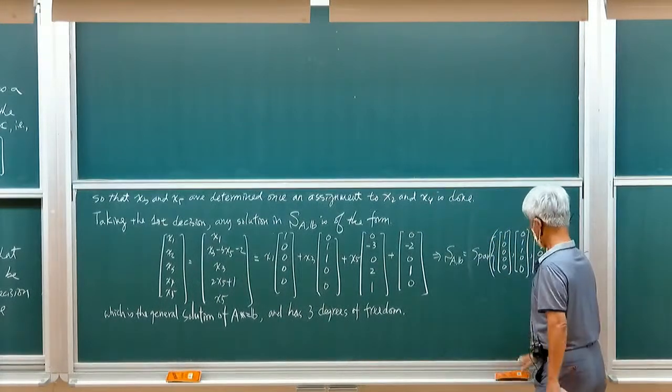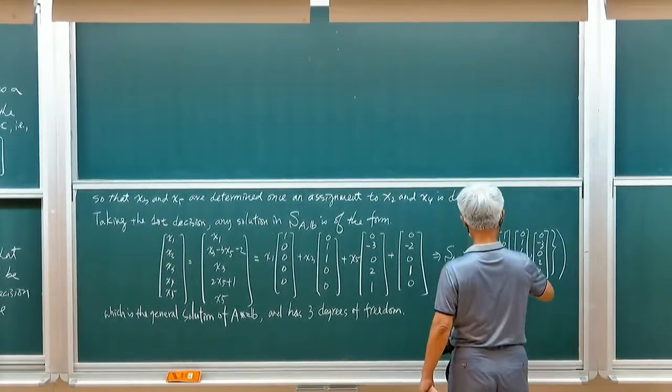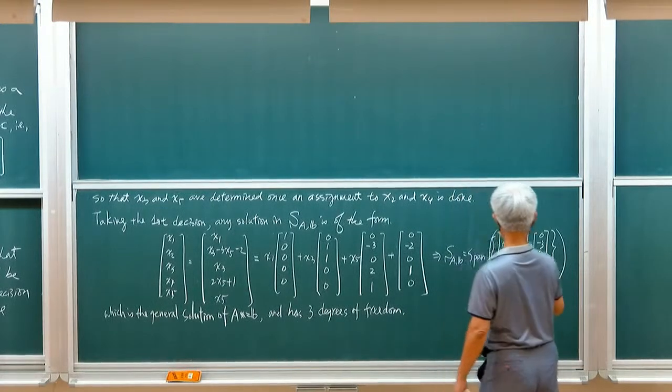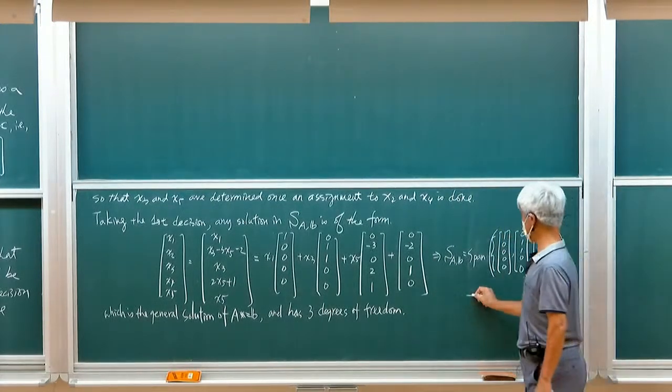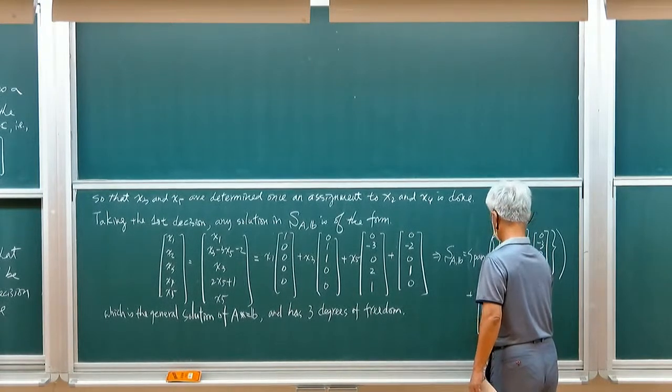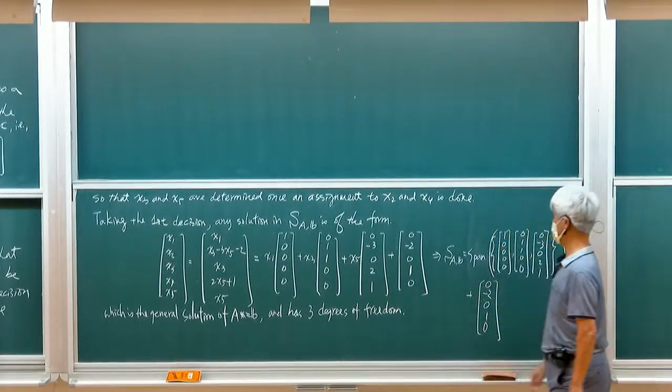Okay, so it's the span of the set of 3 column vectors plus a particular vector, plus this one.